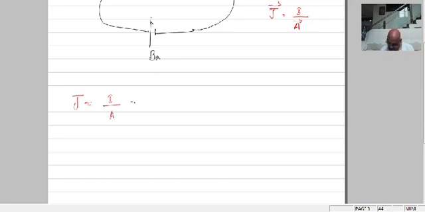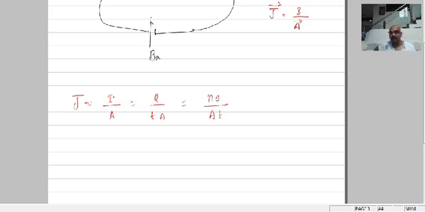I is equal to Q divided by t, where Q is the charge and t is the time. If n number of charges are flowing, and e is the charge, Q is equal to n into e, where e is the electronic charge. Divided by A t. So J is equal to n e divided by A t, neat.